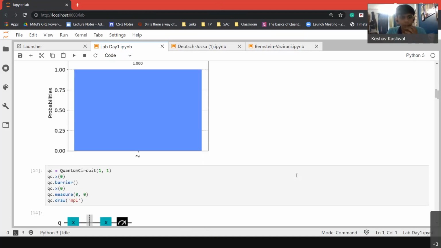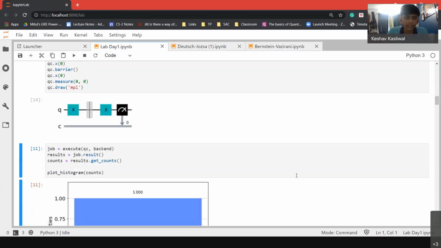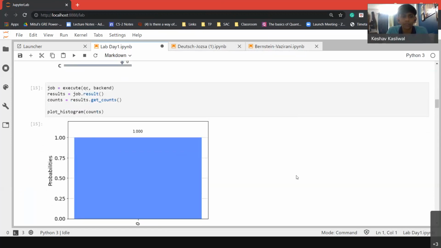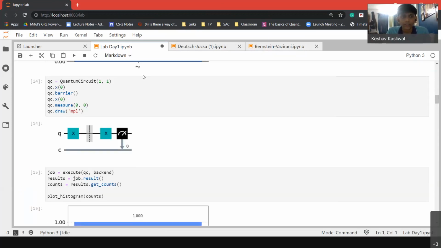This is an example of what happens if we apply two X gates over here. qc.barrier just puts a barrier over here. It doesn't hamper the function; as I said, it's just to make the circuit visually appealing and to make a classification for us so we can comment on it.